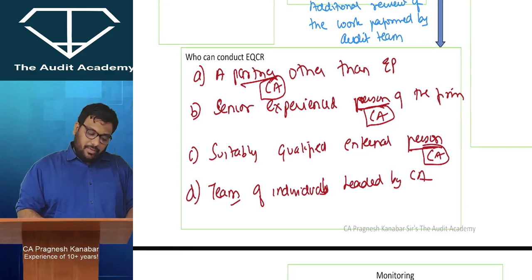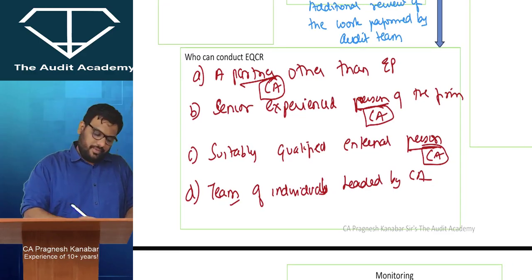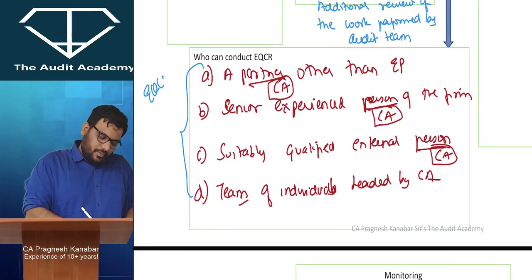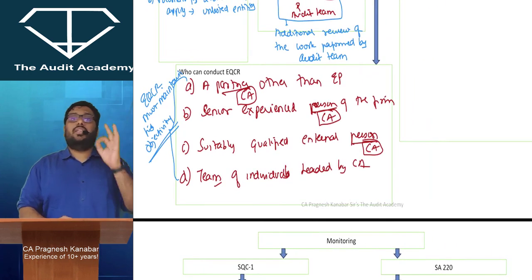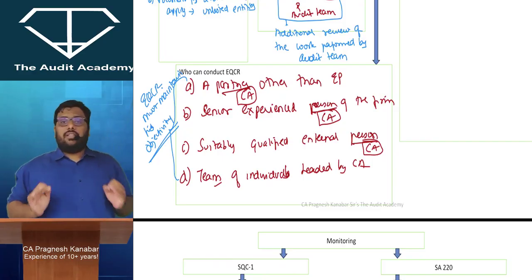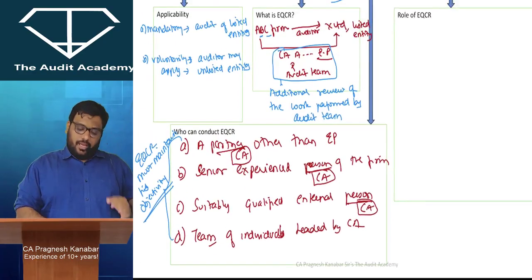Now listen to me. In the new syllabus module, there is a superb question that the engagement quality control reviewer, EQCR, must maintain his objectivity. I repeat, EQCR must maintain his objectivity. That means he must ensure that he remains unbiased. What is the question?